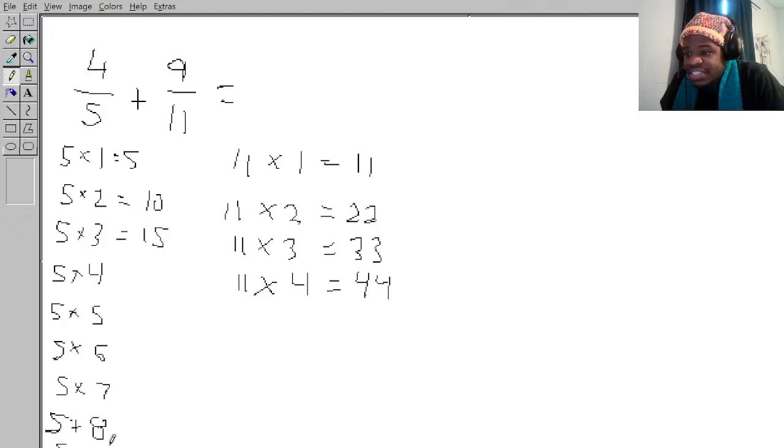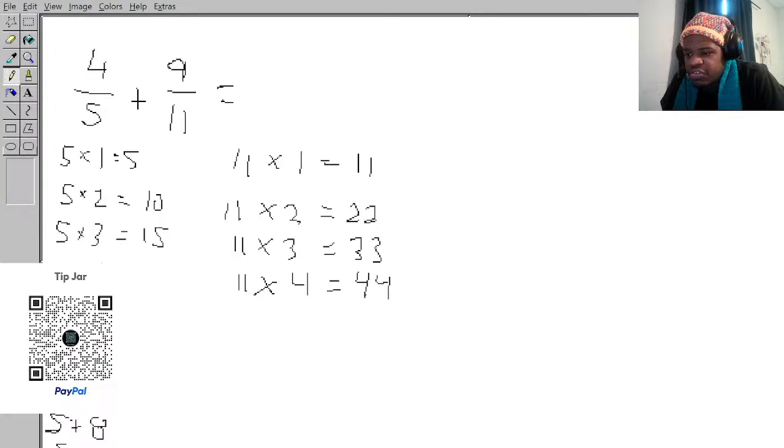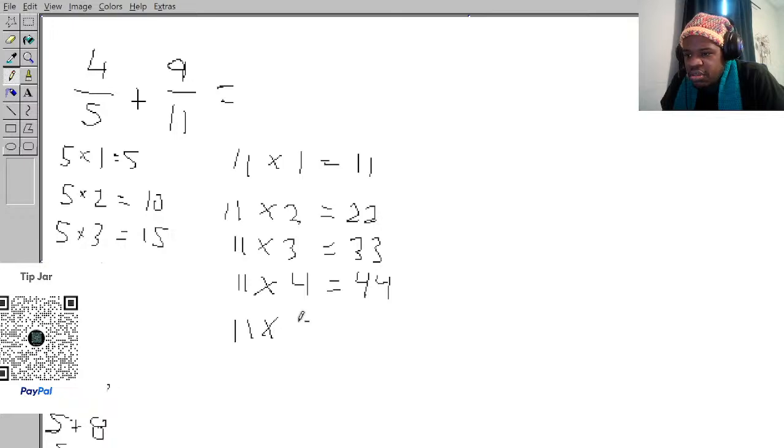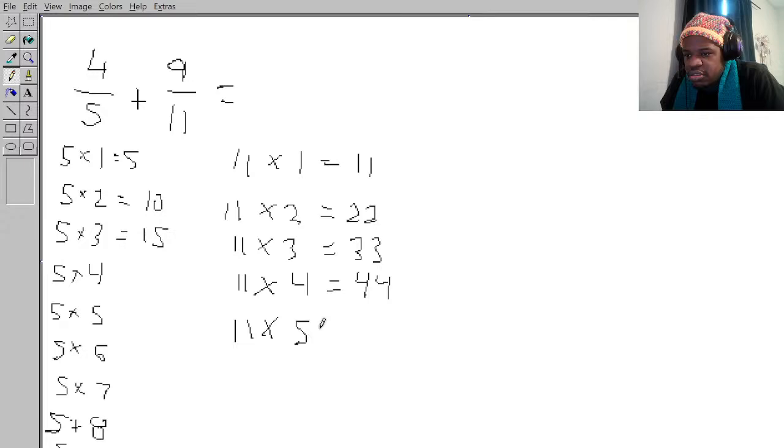5 is not going to meet 11 in any of these until we get to 11. Until we get to 5 times 11, that's going to be 55. And 11 times 5 is going to be 55.